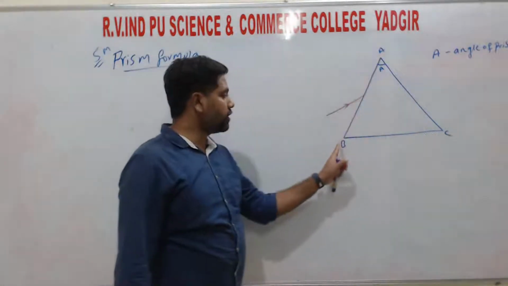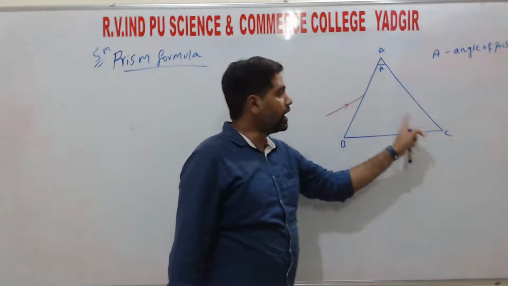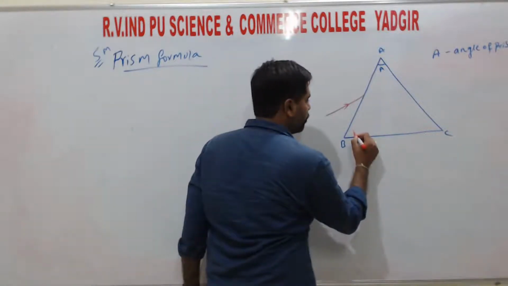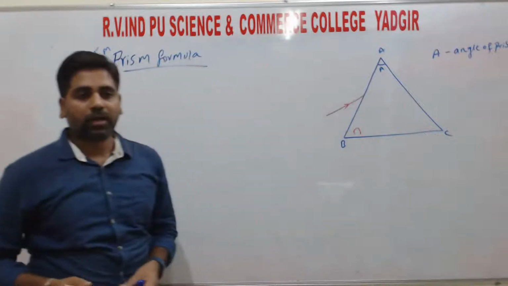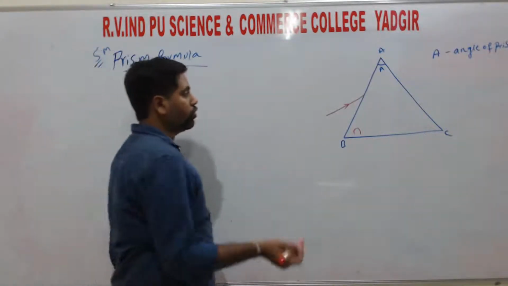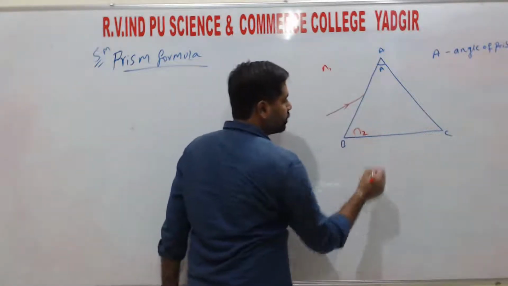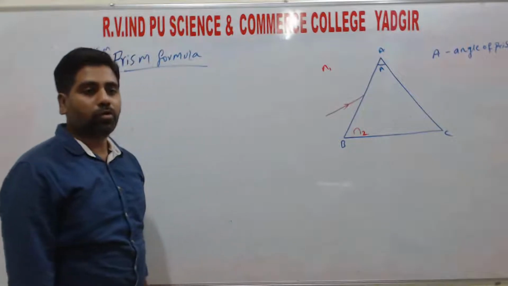The first refracting surface is AB and the second refracting surface is AC. This prism has the refractive index N. If this is the rarer medium N1, then the refractive index of the prism becomes N2.